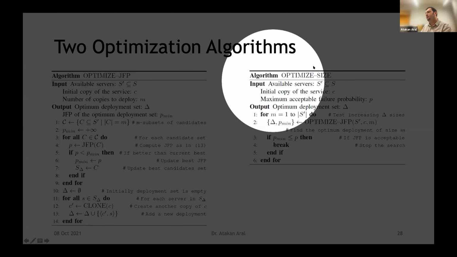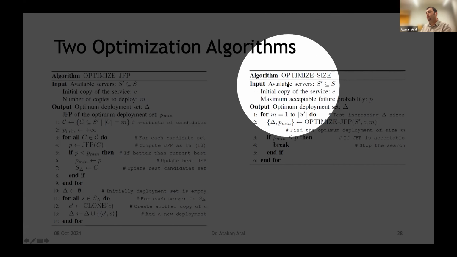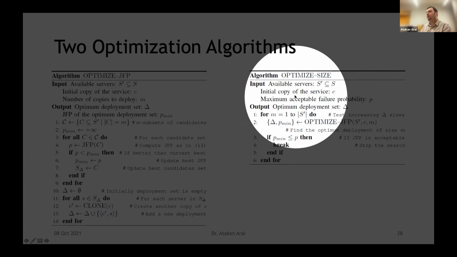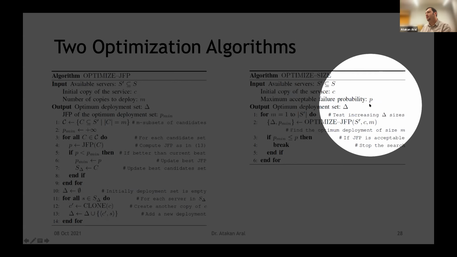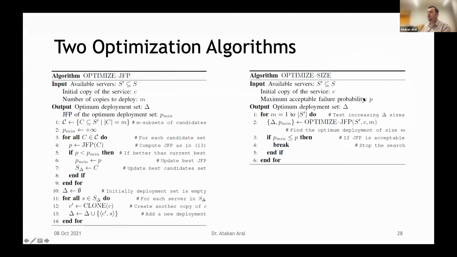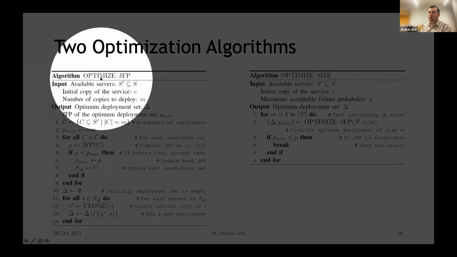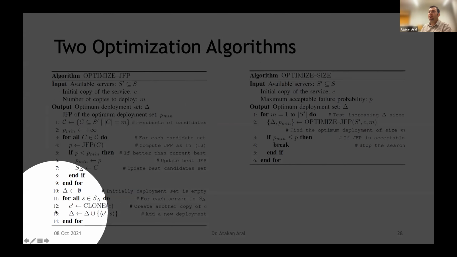And the second algorithm is optimized size. The first two inputs are the same. The third input is the maximum acceptable failure probability. So we will find a deployment that has a joint failure probability less than P. What it does is start with a deployment size M=1 and call the optimized joint failure probability algorithm. So it finds the solution with one deployment with the maximum availability.